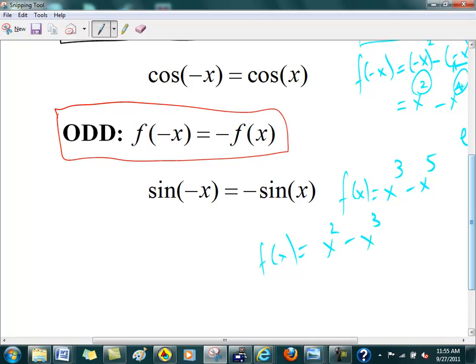Nice, good job. Well, graph it. Is this symmetric about the y-axis? Who's saying yeah? Is it symmetric about the y-axis? x squared minus x cubed?